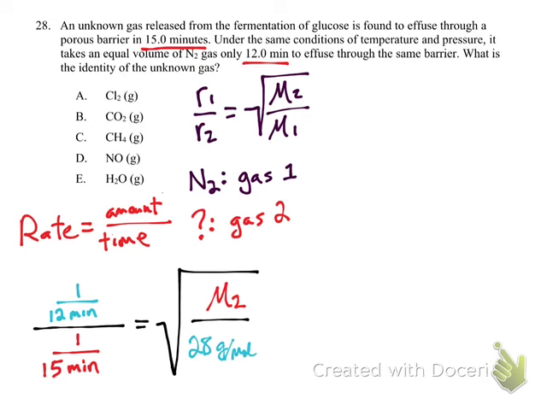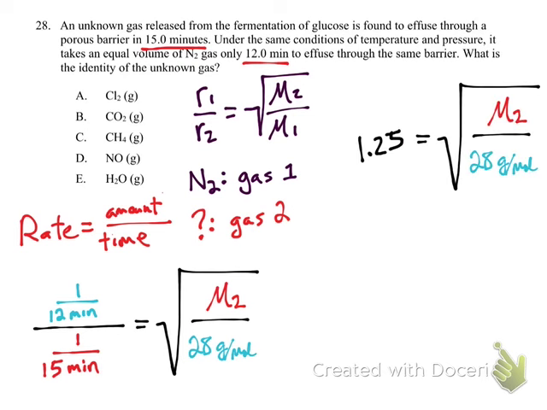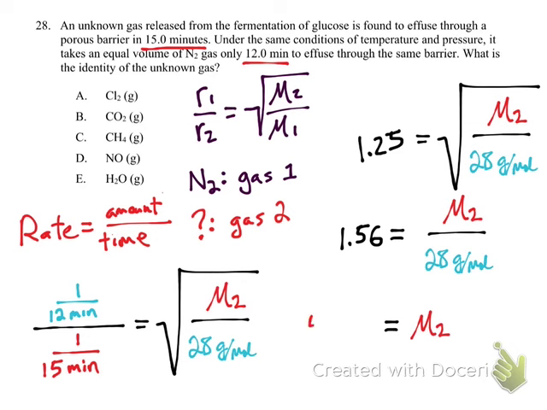So I'm going to start by simplifying this side over here. I'm going to divide 1/12 by 1/15, and we end up getting 1.25. So now what we're going to do is square both sides in order to get rid of that square root. And we get 1.56 is equal to molar mass 2 over the 28 grams per mole. And then finally we're going to multiply the 28 grams per mole through, and we'll end up getting that the molar mass is 44 grams per mole.